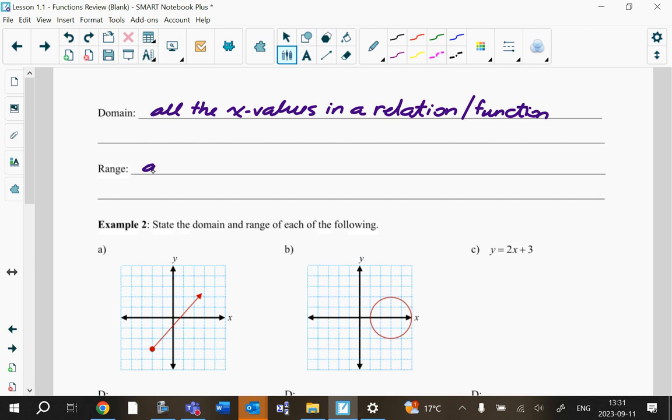All the y values in a relation or function. So we should be able to identify all the domain values in any function as well as all the range values in any function. So you don't have to flip back, I'll flip back.